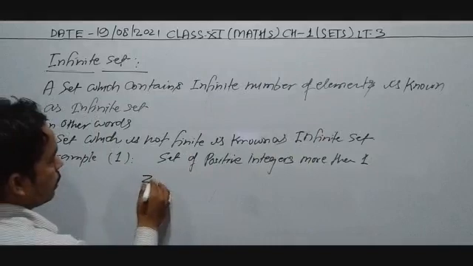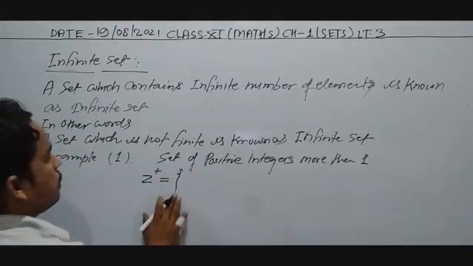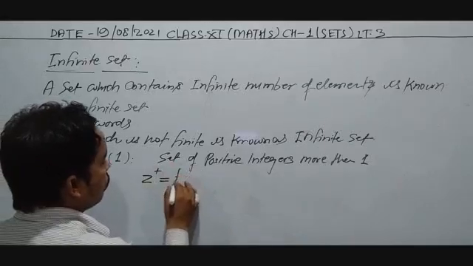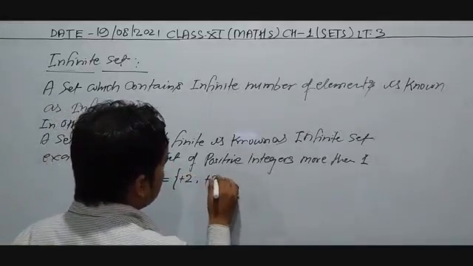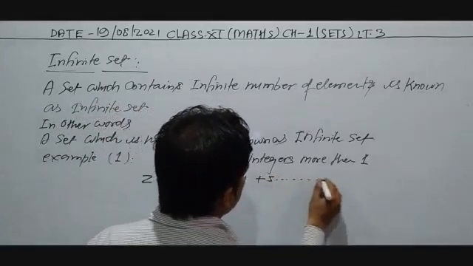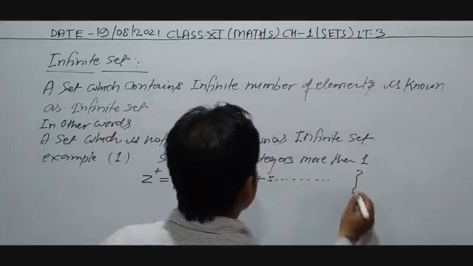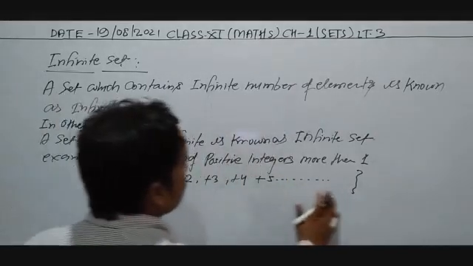Suppose this is the set of positive integers and we are talking about more than 1. So 1 will not be here. So plus 2, plus 3, plus 4, plus 5 and so on up to plus infinity. You can write this. This is an infinite set.